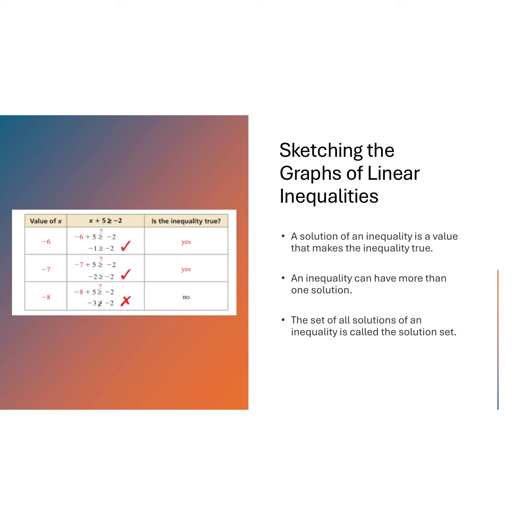Remember with last week's equations, we had what? Infinitely many solutions, no solution, and one solution, correct. The set of all solutions of an inequality is called a solution set. That means that you're able to plug in or substitute certain numbers and the inequality still makes it what? True. So we're going to work on that so you could see. Go on to the next slide.